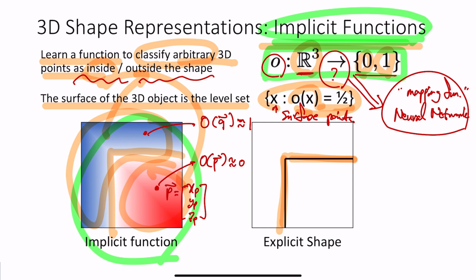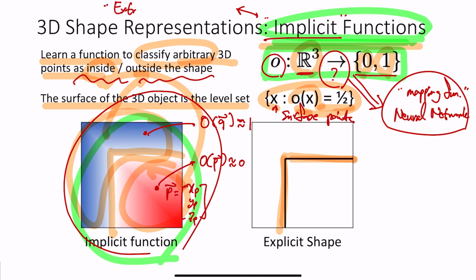Then if we have a neural network, we can represent any kind of this 3D field, not only sparsely but also very, very densely. That's why this is called implicit representation rather than explicit representation, as in point cloud or mesh representation, for example. So this is the implicit function.